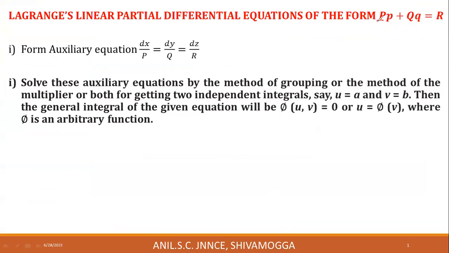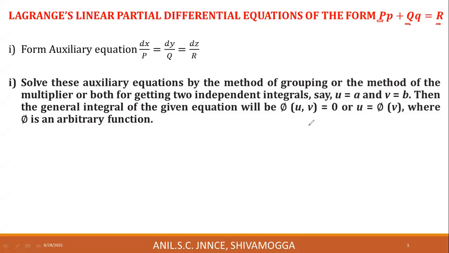Here, capital P may be a function of x, may be a function of x and y, may be a function of x, y, and z. Similarly, Q and R. P, Q, R may be functions of x, functions of x, y, functions of x, y, and z. That is called Lagrange's linear partial differential equations.